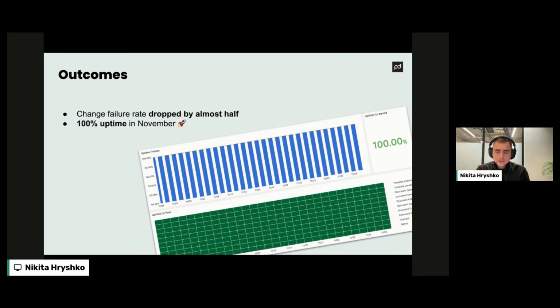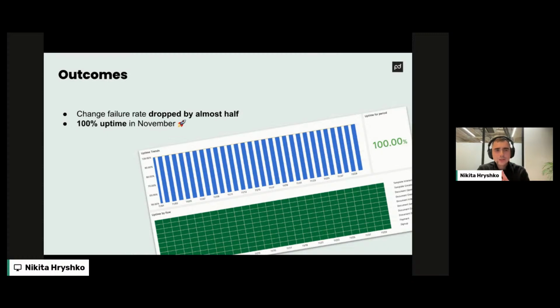But talking about metrics, we also improved them. For example, our change failure rate dropped by almost a half, and we improved our uptime. It was not so great, and we even touched some time below 3 nines, but now it's way better.